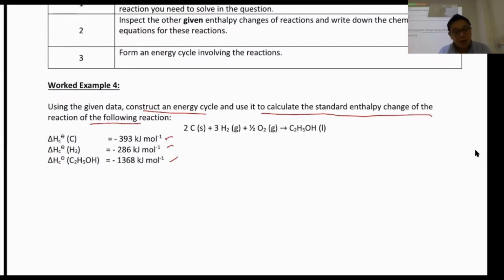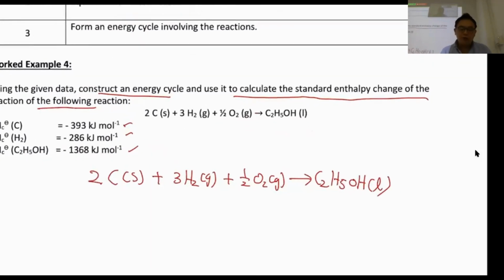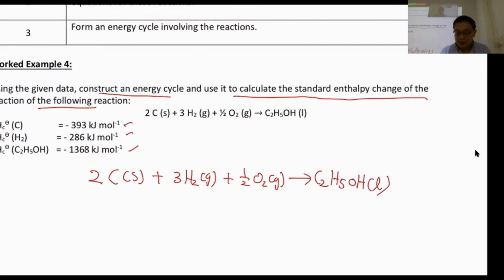So I'm going to copy down this entire equation below. 2 carbon solid plus 3 hydrogen gas plus half oxygen gas gives you C2H5OH. Now our goal is very simple: find the enthalpy change of this reaction. That is what they want us to do.